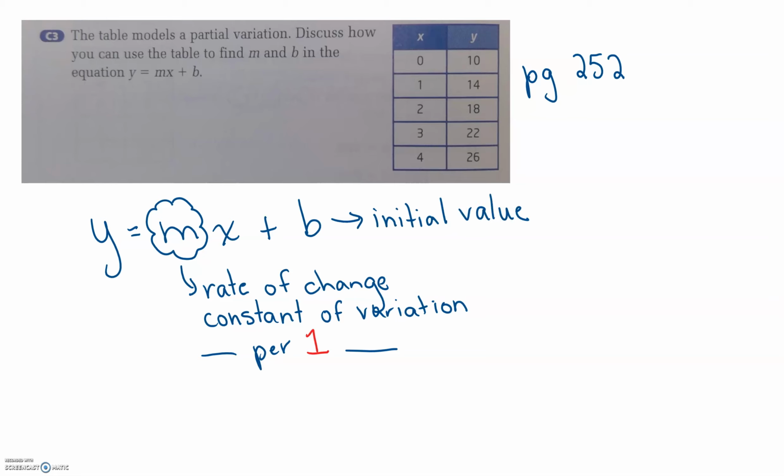Which means that if you have a partial variation at the beginning, your initial value, when x equals 0, will not be y equals 0. And it's proof right here in the table that when x equals 0, y is actually equal to 10, which means that the graph is going to start up here somewhere at 10. It's not going to start at 0, 0 because there is an initial value.